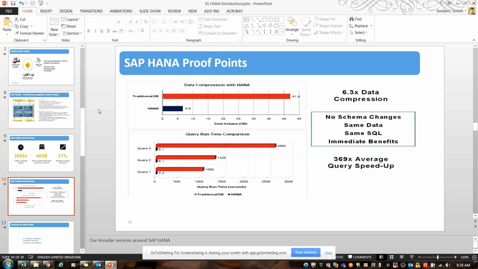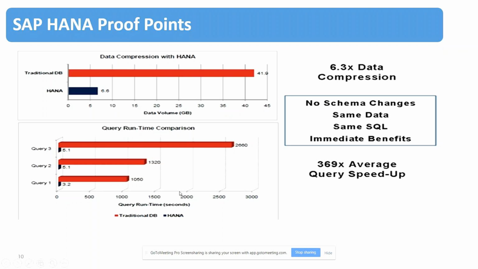SAP also piloted with a very large bank sector organization. They took queries from the bank, which was running its bank operations on the traditional database. If you compare data compression with HANA, the actual data volume in the traditional database was 41.9 gigabytes.